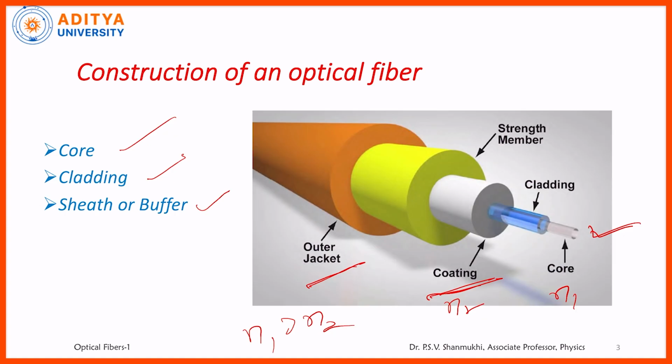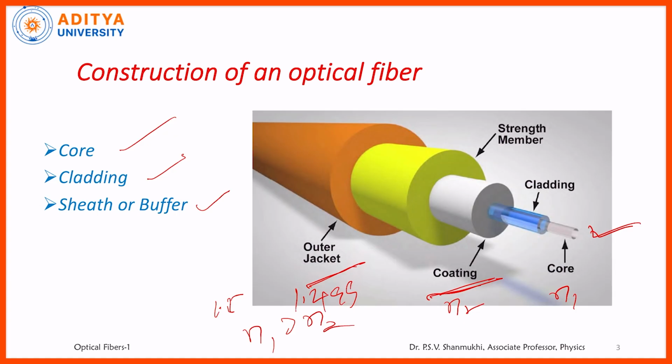Because of the fractional index difference, N1 may be 1.5 and N2 may be approximately 1.499. So core and cladding are made up of the same kind of materials, but because of doping, there is a slight change in the index, that is, N1 is greater than N2.